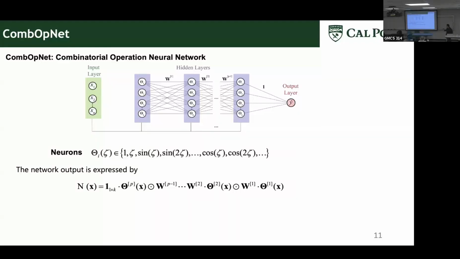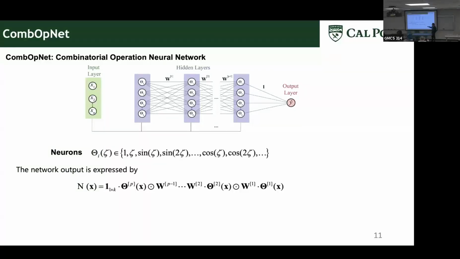This is the expression for the output of this network. We start with the first layer, which gives our input data to all those candidate functions, just monomial, constant, or sine, cosine functions, and then we do matrix multiplication, and we get an input to the second layer.